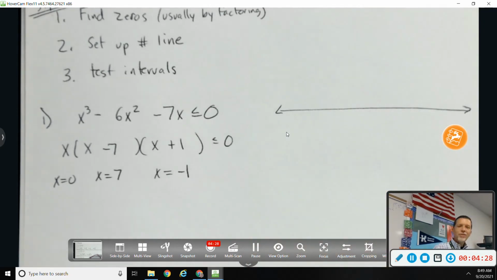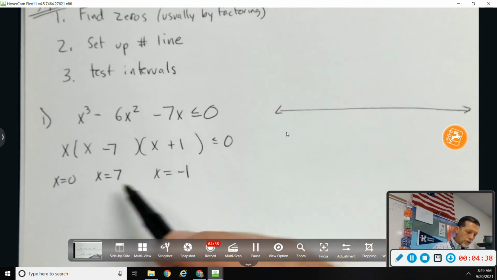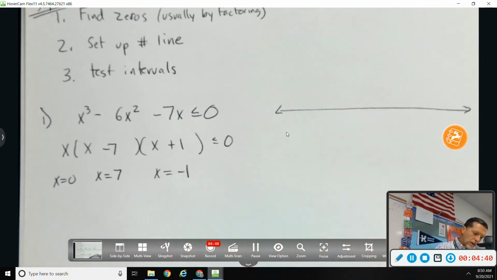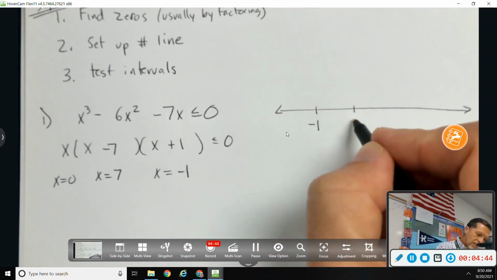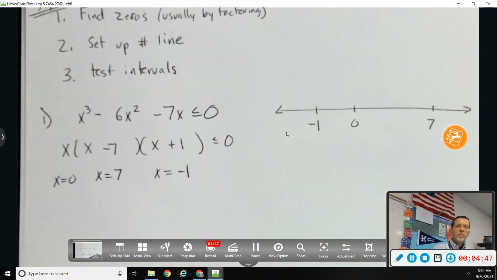Put them on the number line. And this may seem dumb to even have to say, but please put them on the number line in order, right? Smallest to biggest. People will get really confused if you put them out of order. So the smallest one is negative 1, then 0, and then 7. My scale's off, but we're not really worried about the scale.